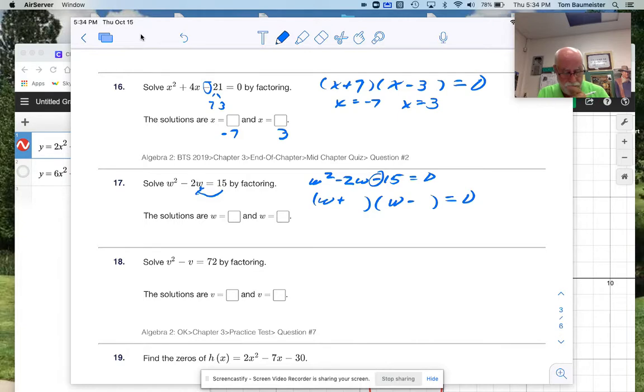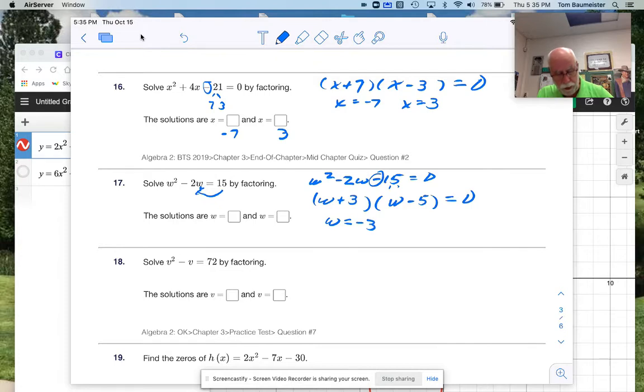And let's see, what are factors of 15? 3 and 5. So where am I going to place the 5 and the 3? So it becomes negative 2, negative 5, positive 3. And by the zero product property, I just told you it's the opposite of what's in parentheses.